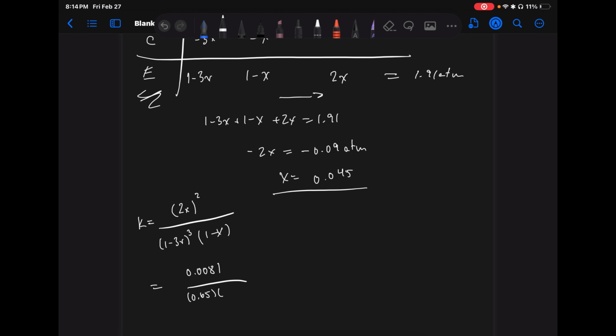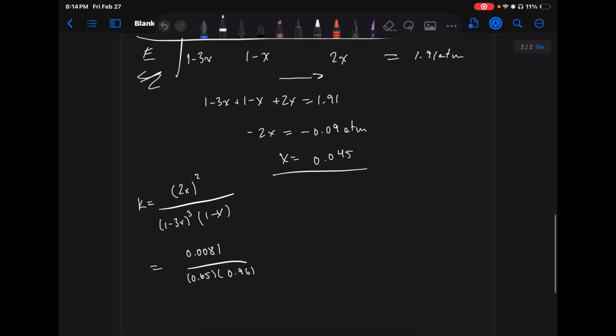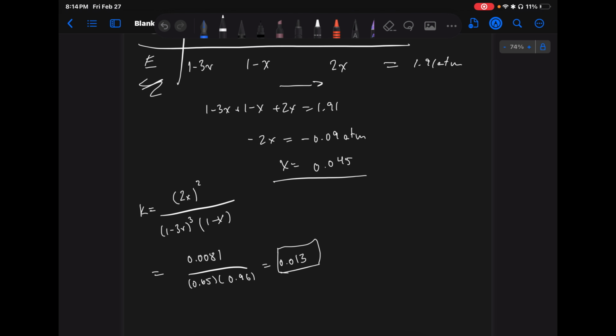And then 1 minus 0.045 should be 0.96. And yeah, if you divide that, we should get a final answer of 0.013. Honestly, I'm not really sure if I made an error. I'm just looking over my calculator notes. Maybe I wrote something wrong, but this would be the final answer. And hooray, you did it.